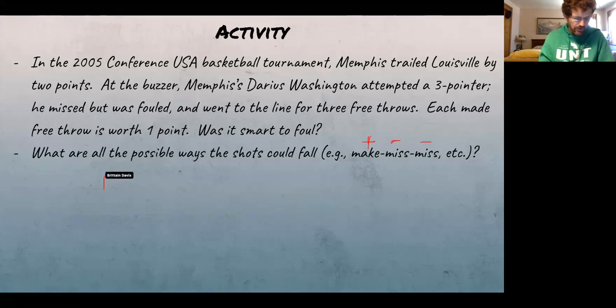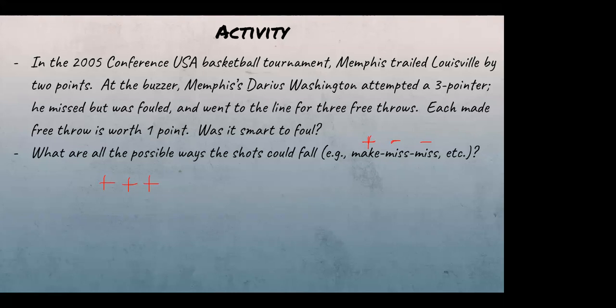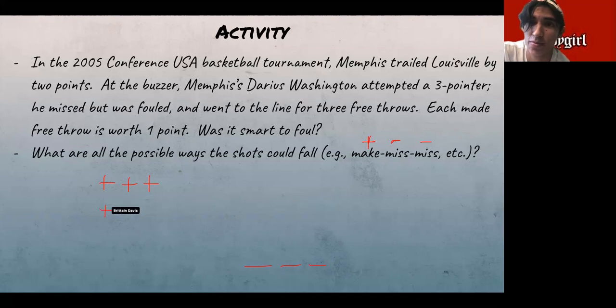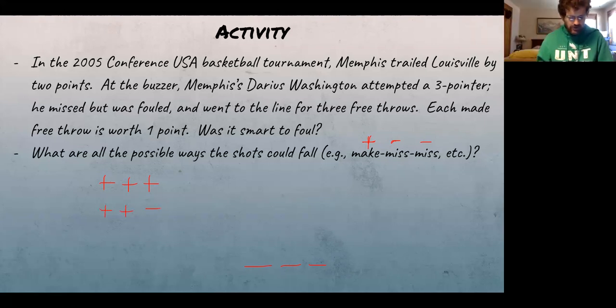So all 3 made. What's another outcome? All 3 miss. What else we got? He makes the first 2 and misses the last one. You can keep shouting out other combinations here.